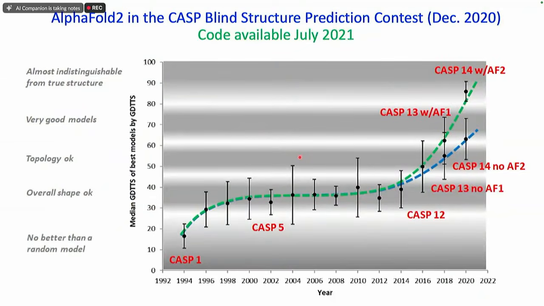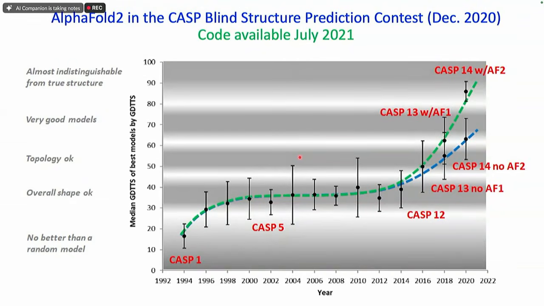So in 2020 or in 2021, our world changed, the world of protein structure prediction, the world in structural biology in general, because of the appearance of a program called AlphaFold, which I'm sure many of you are familiar with. What happened in December of 2020 was the CASP experiment. Every 2 years, there is a competition for predicting structures of proteins.